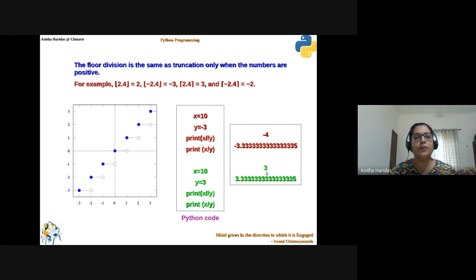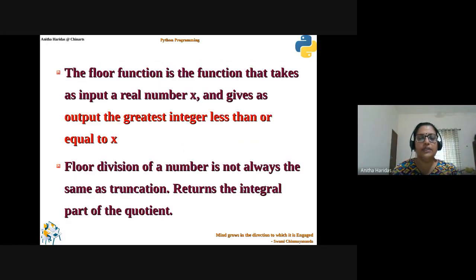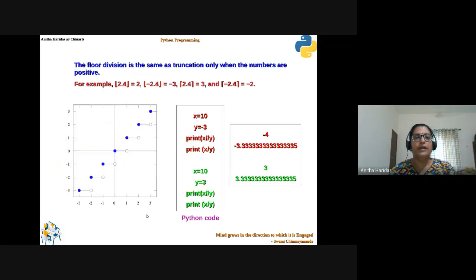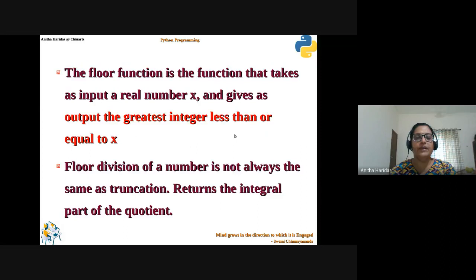And if it is going to be positive value, no problem. It is somewhat similar to your truncation. So the floor division is going to return the integral part of the quotient value. This is the point that you have to remember. It returns the integral part of the quotient. But when it is having a positive number, it will be returning the integral part of the quotient.